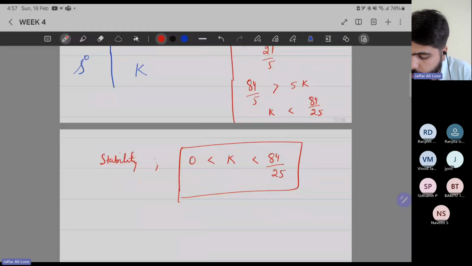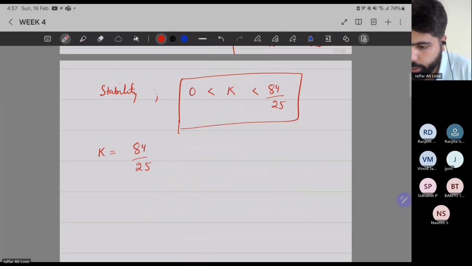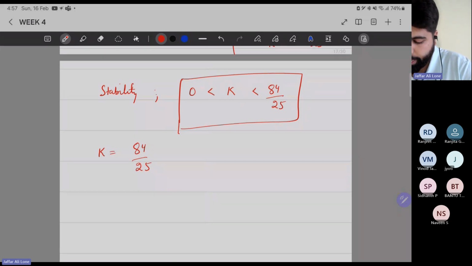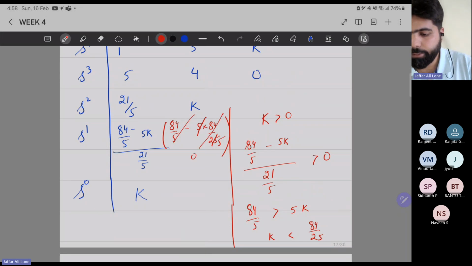If I put K equal to 84/25, then this becomes 0, because 84/5 minus 5 into 84/25, the 5s cancel and it vanishes. So if K is 84/25, my s^1 row becomes 0.